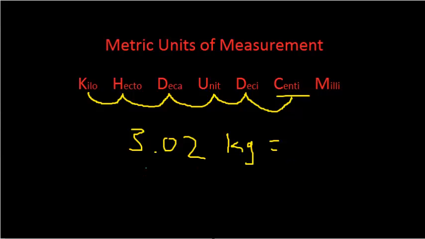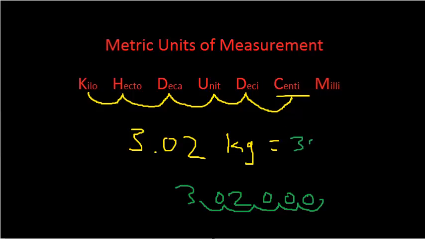So I'm moving my decimal place now 5 places to the right, in the same direction that I moved along this chart. So that 3.02 becomes 1, 2, 3, 4, 5. Those extra spaces I fill in with zeros, and I have 302,000 centigrams.